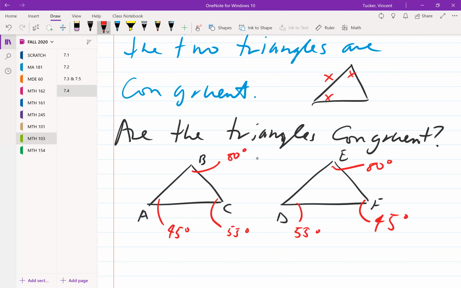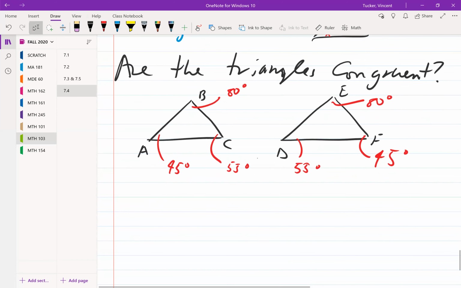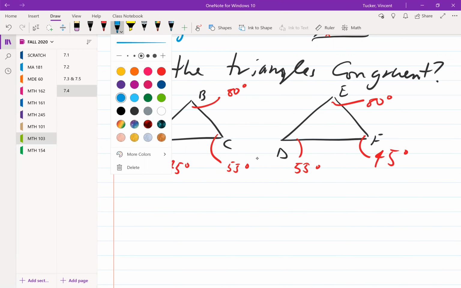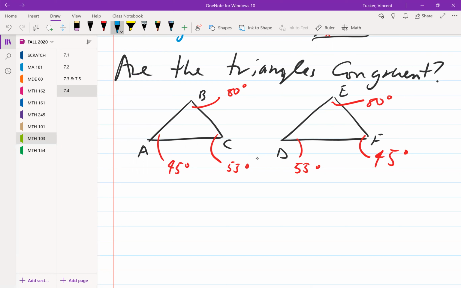Okay, so the first one, are the triangles congruent? We have 45 degrees in both triangles, 80 degrees in both triangles, and 55 degrees in both triangles. Are they congruent? If you go back to our theorems, we have three: side side side, side angle side, and angle side angle. We do not have angle angle angle. That's what we have in this scenario.